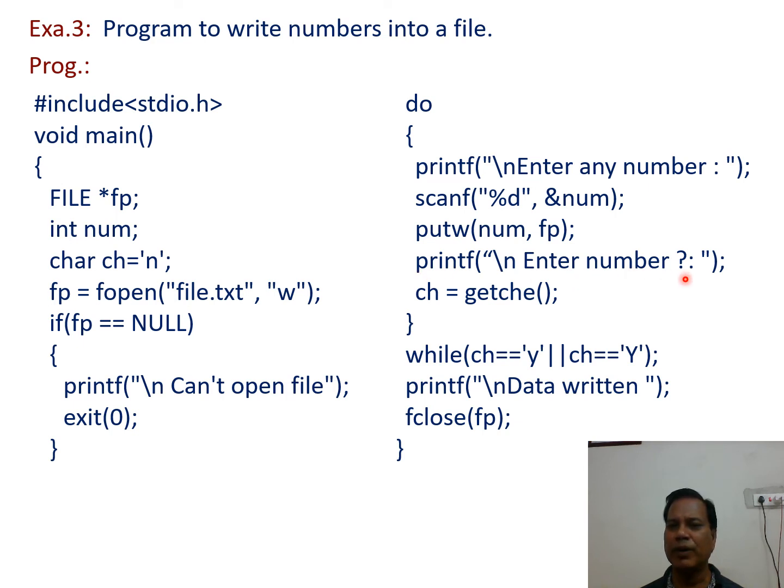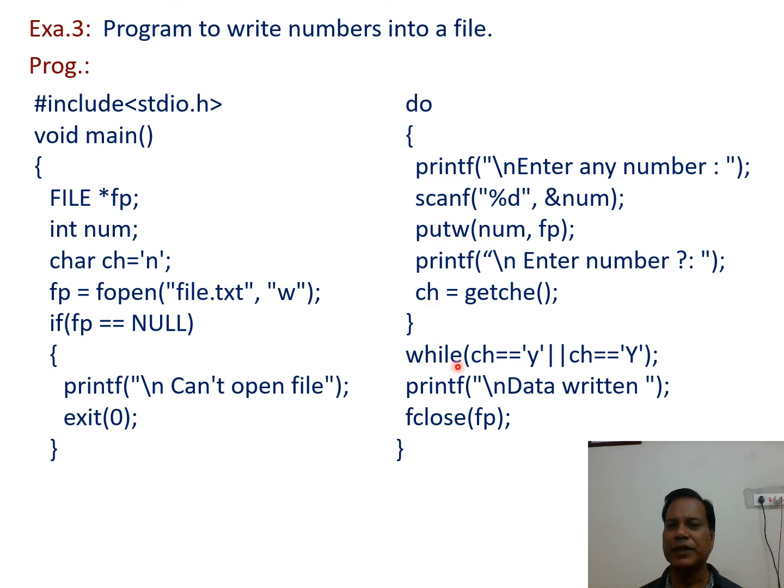Printf "Enter number?" This is printed on the output screen. Depending on the user response, whether it is n or yes, that character is taken in from the keyboard and stored in the character variable ch.